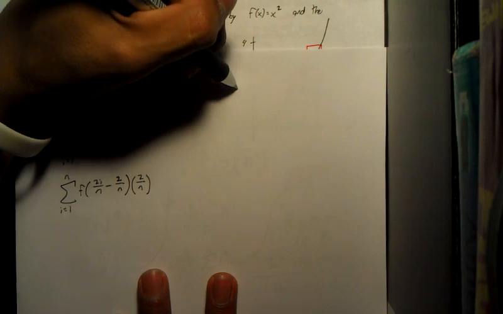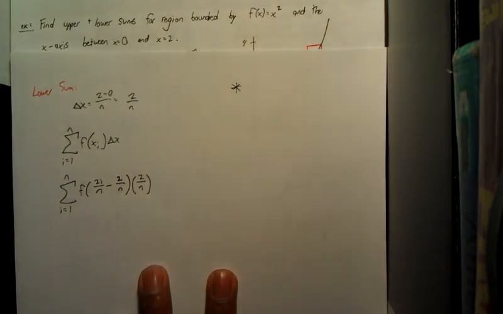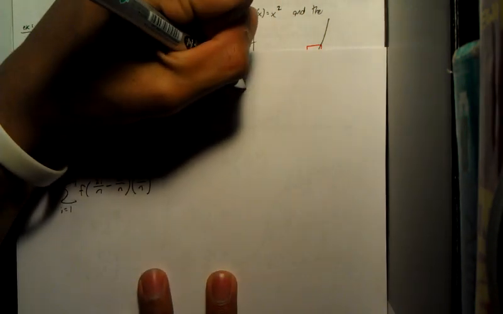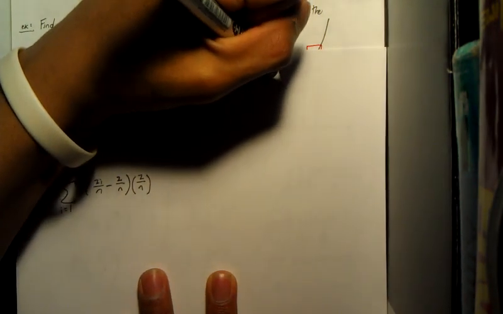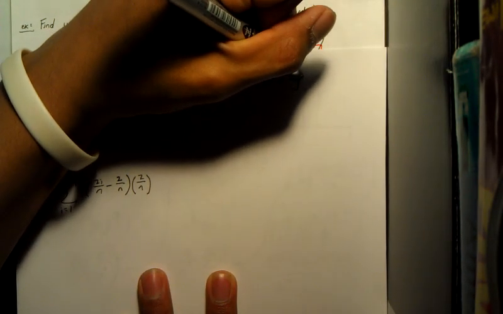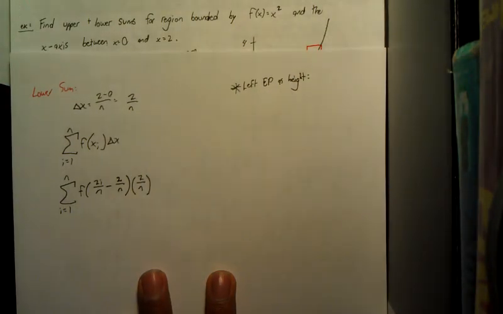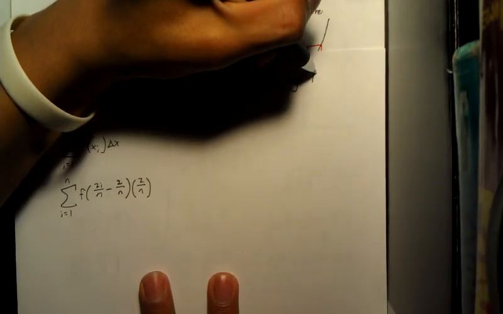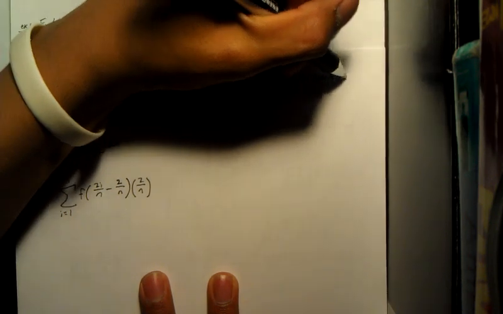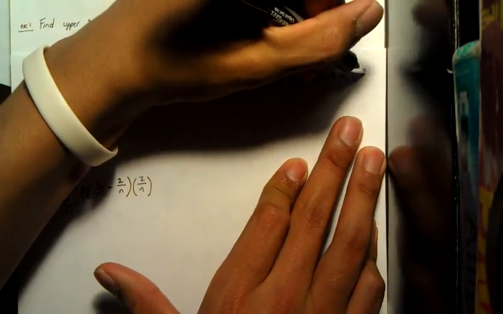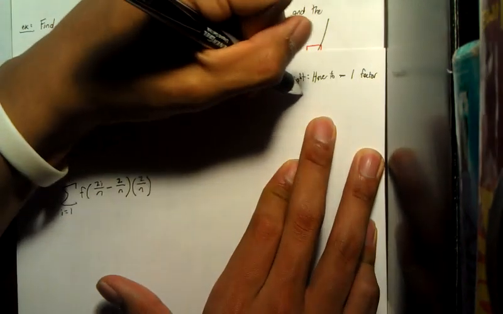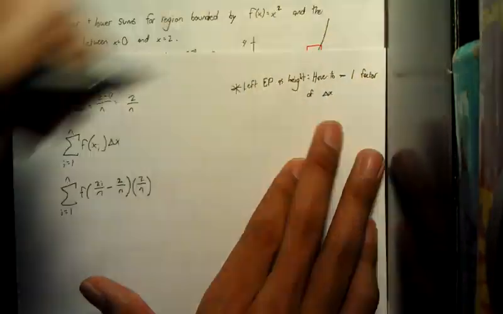Whenever you have a left endpoint as height, you're going to have to subtract one factor of change in x.